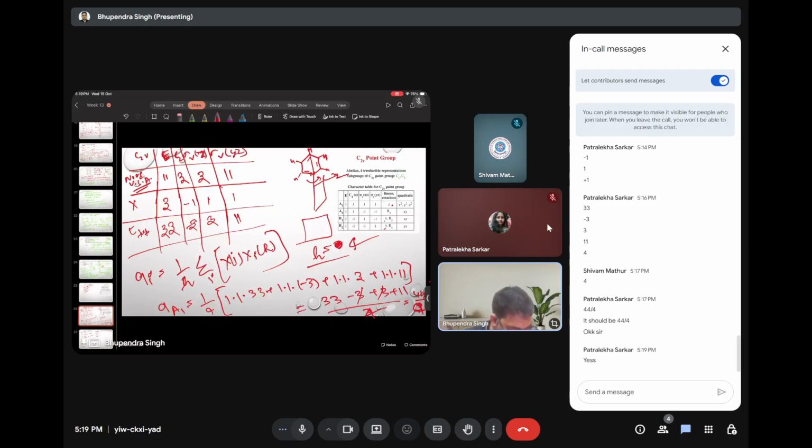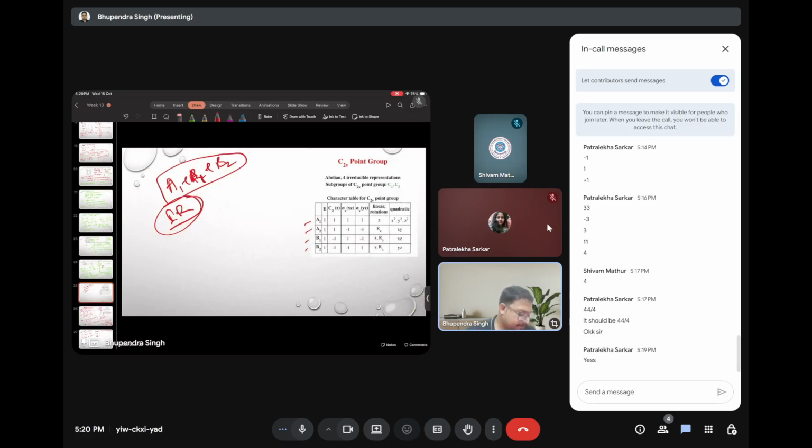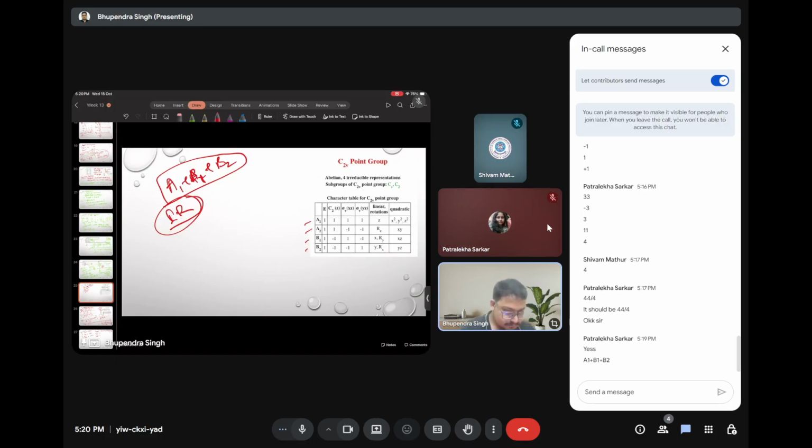So translational, tell me what symmetry species will be there for gamma translational by looking at this character table. Yes, correct.